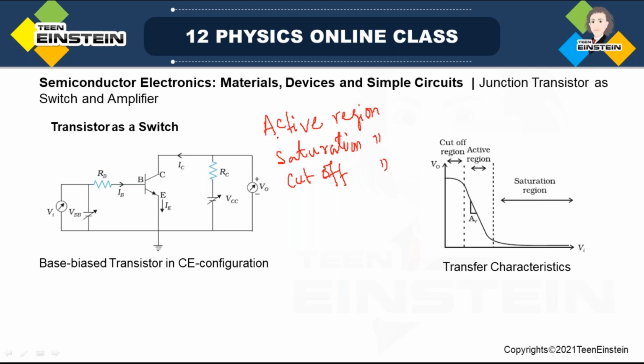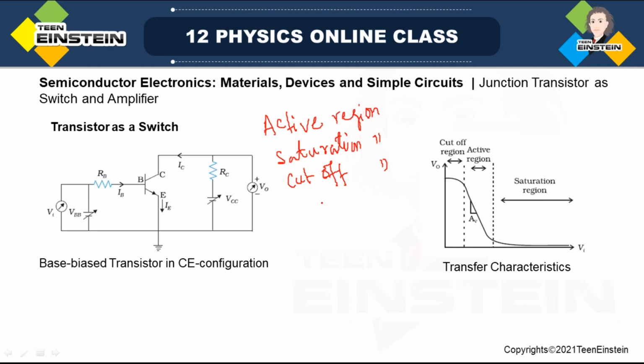But then how do you define these regions? These regions can be defined according to the nature of the input and output biasing. That we had somewhat discussed. Today also we'll be requiring these active, saturation, cut off regions, so I'll be discussing that also today.